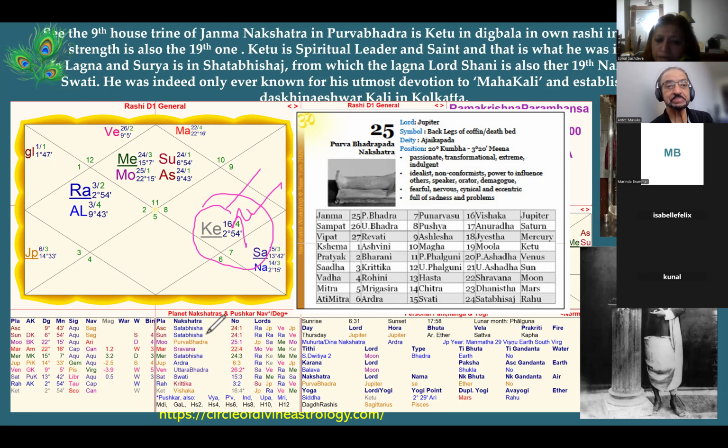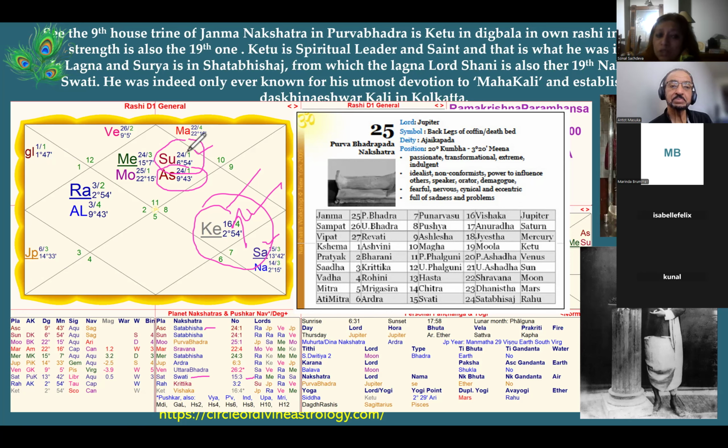Yeah. Now, if you look at the Lagna, let's move to the Lagna. It is the 24th Nakshatra, and so is Surya, 24th, Shatabhishaj. Both of them are ruled by Rahu. But what is the ninth from there? Aha! It is the Lagna Lord himself, Shani, which is in the constellation of Swati, ruled by Rahu. So again, we have the same scenario even from the Lagna and from Surya.